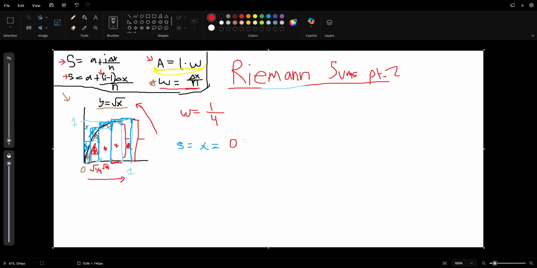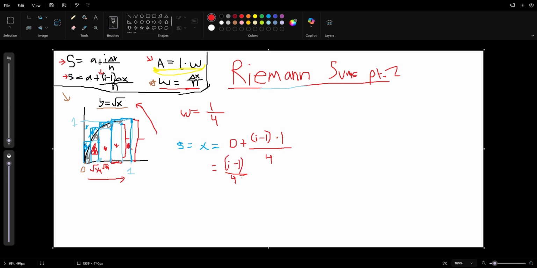So it's going to be 0 plus i minus 1 times delta x, which is just 1 over the number of rectangles, which is going to remain the same for both of the sums, so it's just 4. So this is going to equate to i minus 1 over 4.